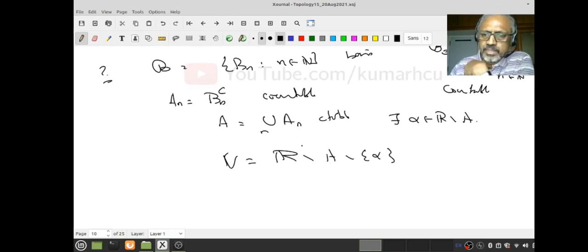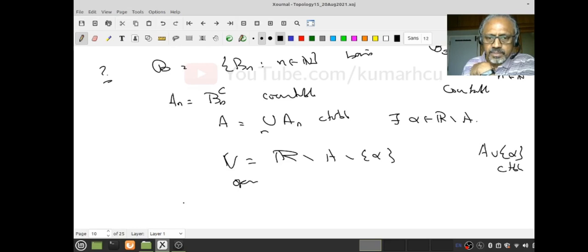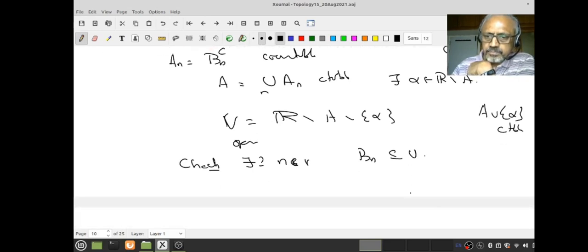So let me look at A union alpha. This is countable, therefore R minus this set is open. Check whether there exists any n so that Bn is contained in U. Suppose I have an x in U, I have to find an element of the basis, right?